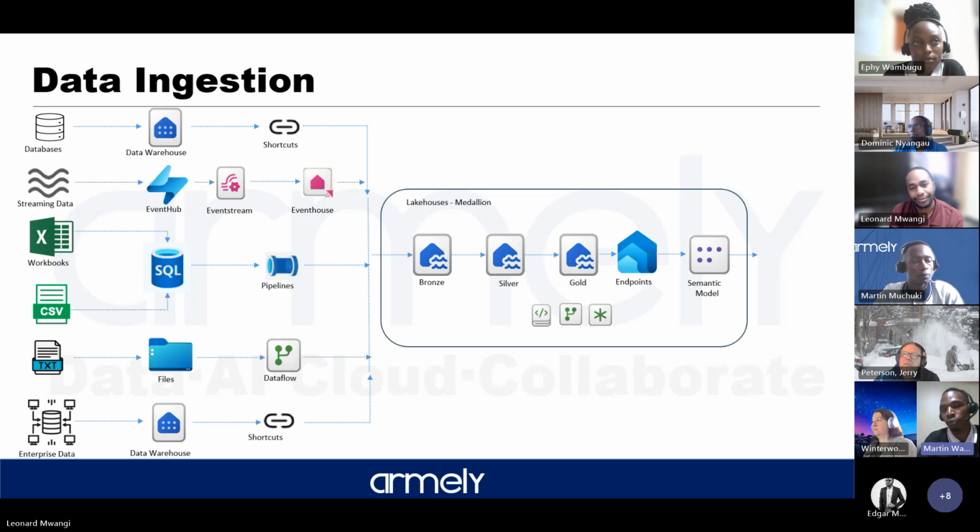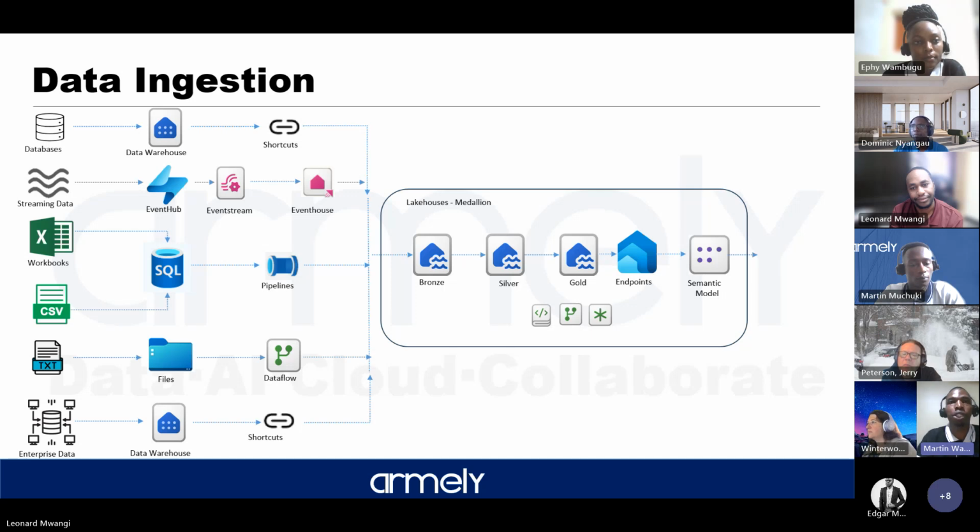Each layer improves the quality, structure, and usability of the data, making it easier to drive analytics and business intelligence. This approach is especially beneficial in scenarios where data integrity, scalability, and efficient processing are critical. At its core, the Medallion architecture emphasizes a multi-layered approach to create a single source of truth for enterprise data.